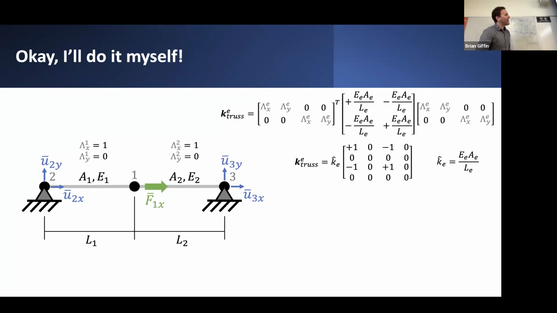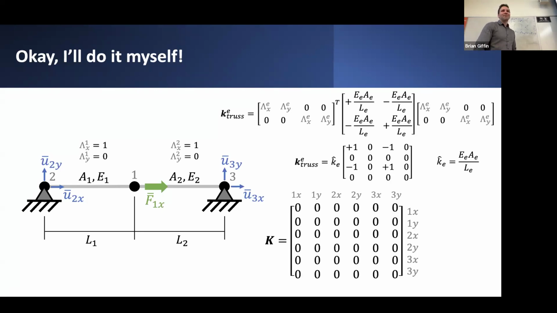So now we can go about plugging them into the appropriate locations of the global stiffness matrix and taking our algorithmic approach to setting up and solving this problem. So as we discussed in the previous lecture, let's set up some blank array, dimension to be equal to the number of global degrees of freedom in our problem as a whole. In this case, 3 nodes and 2 degrees of freedom per node, assuming we haven't applied any constraints yet, means we have a 6 by 6 global stiffness matrix.